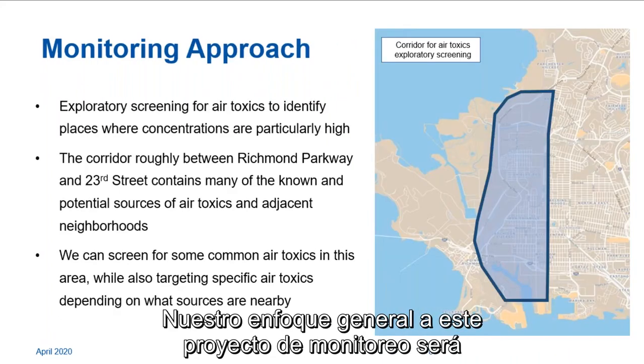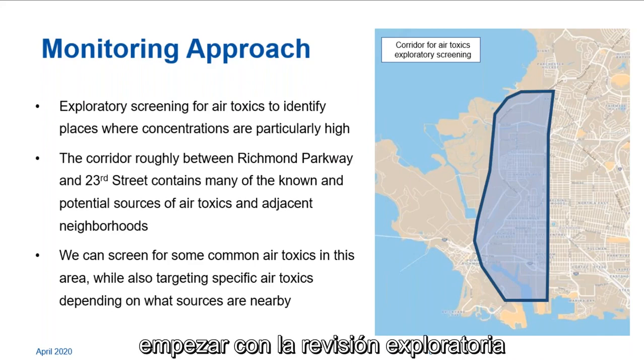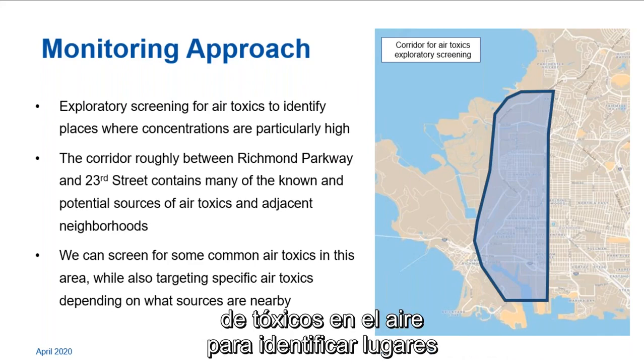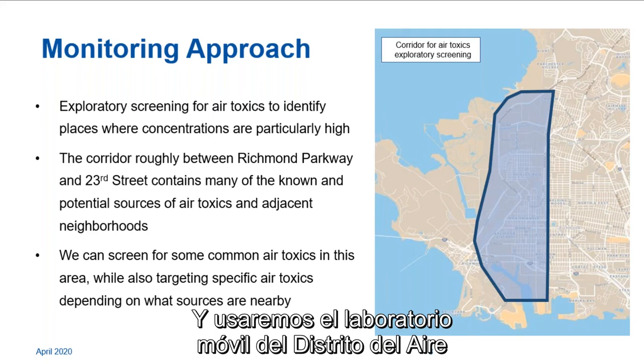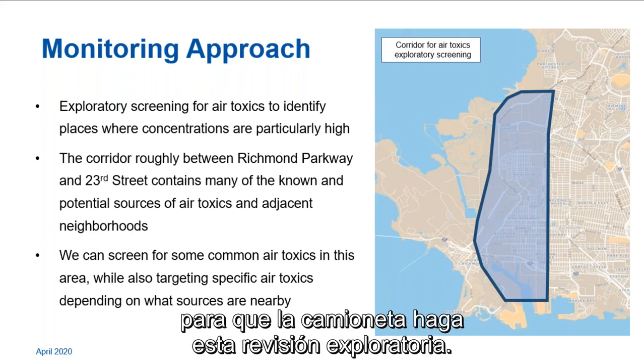So our overall approach to this monitoring project will be to begin with exploratory screening for air toxics to identify places where concentrations are particularly high. And we'll be using the Air District's mobile lab, or the van, to do this exploratory screening.